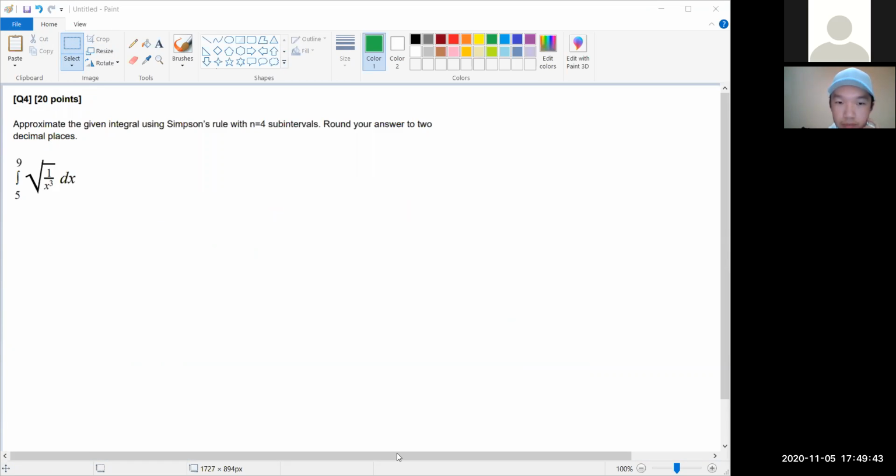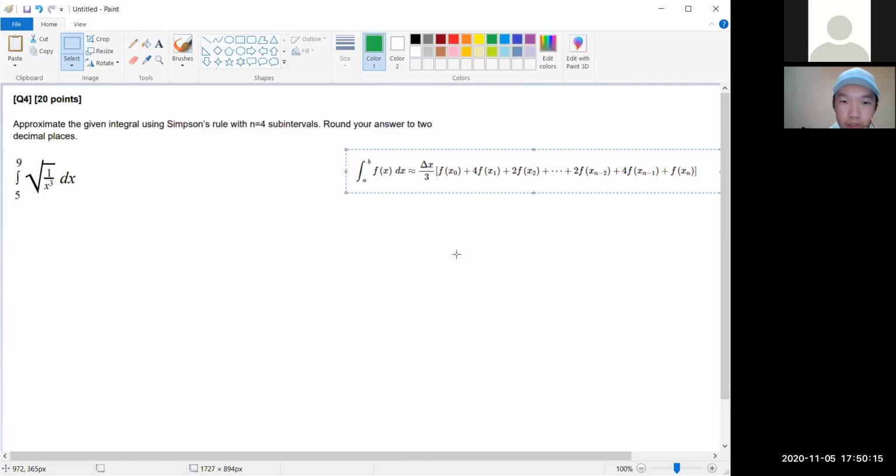So it's under 6.5, approximating integrals. Okay, so here's the formula. I pulled it from the PowerPoint.